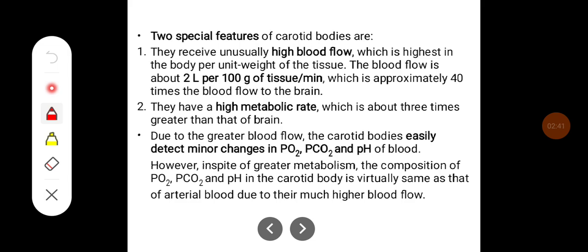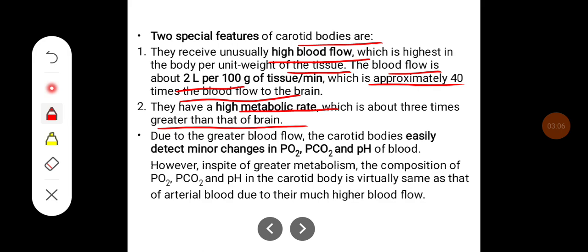Two special features of carotid bodies are they receive unusually high blood flow, which is highest in the body per unit weight of tissue. The blood flow is about 2 liter per 100 gram of tissue per minute, which is approximately 40 times the blood flow to the brain. They have high metabolic rate, which is about 3 times greater than that of brain.